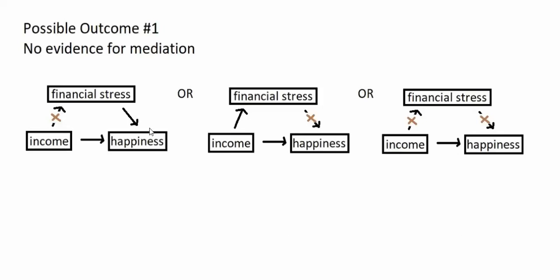And if the data is not showing a significant correlation between financial stress and happiness, then one link of the indirect path is broken, and the data is showing no consistency with mediation. And if both links are broken, then the same thing is true. The data isn't showing any consistency with financial stress being a mediator. So if the data is showing this, or this, then there's no evidence for mediation.